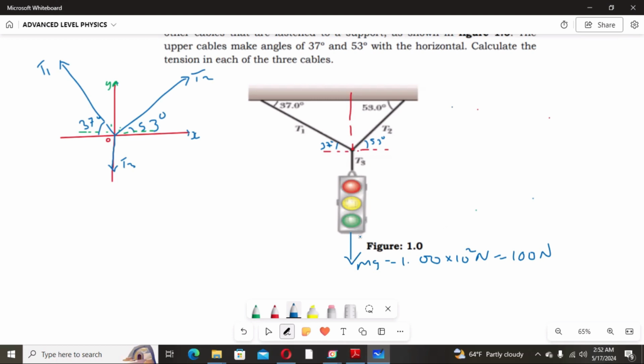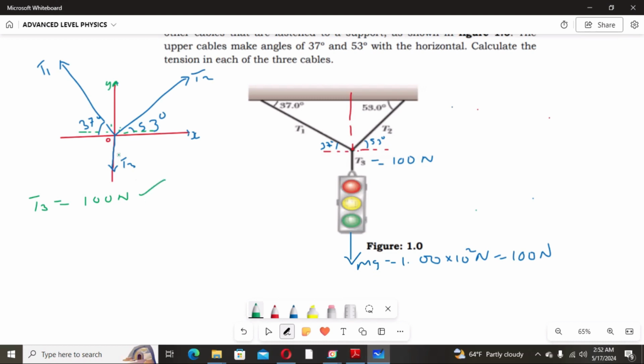This weight here is equal to the tension T3 there. So T3 in this case is also 100 newtons. So tension 3 is equal to 100 newtons because it is equal to the weight of the light there.